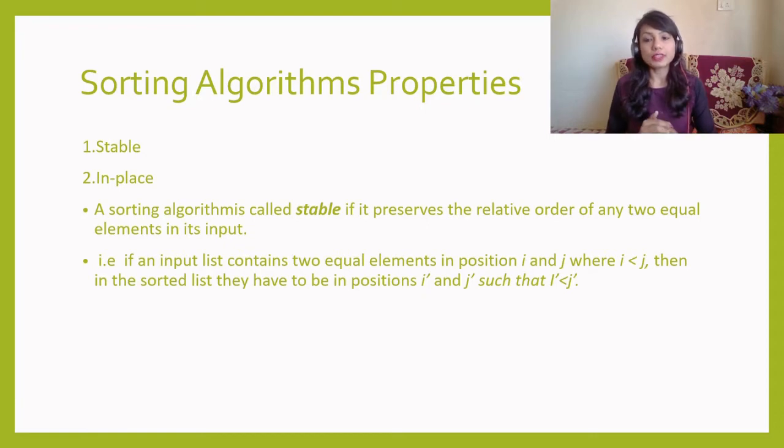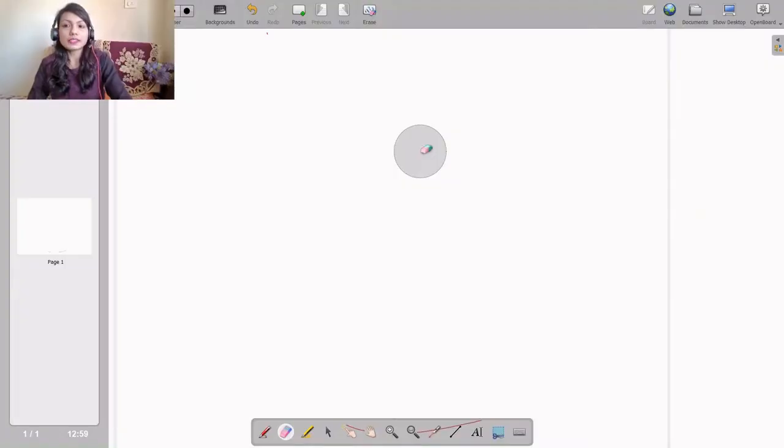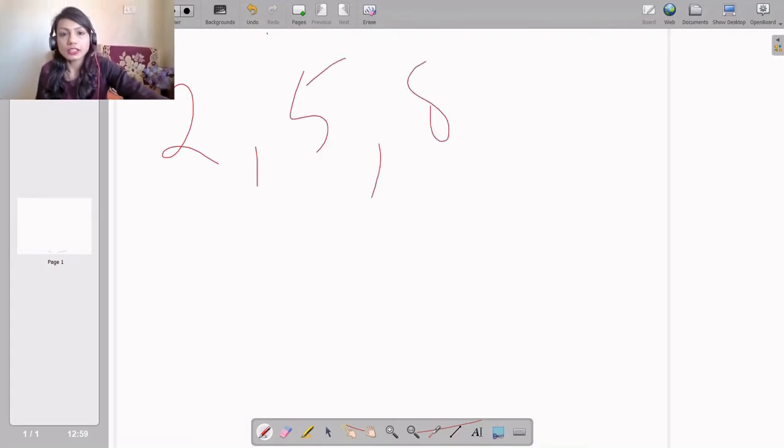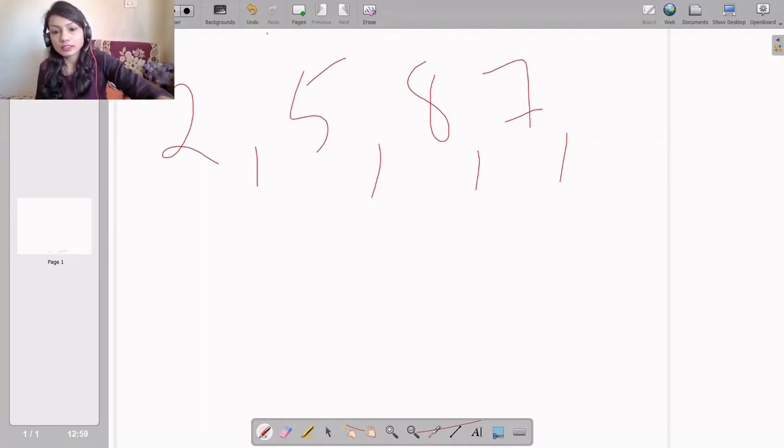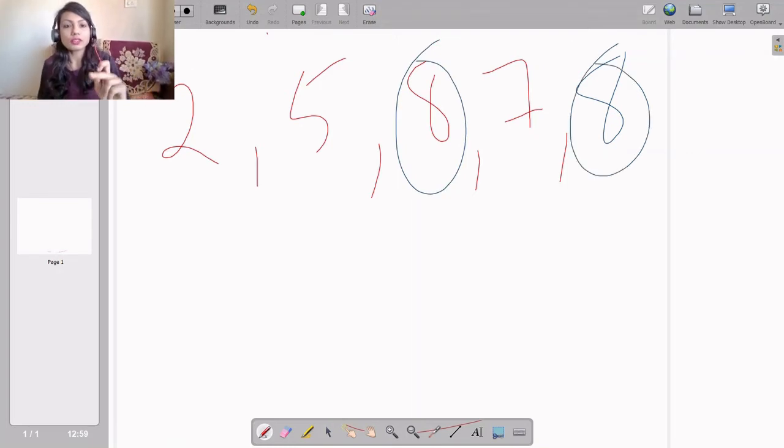So let's see this with an example of a stable algorithm. Assume we have been given values like this: 2, 5, 8, 7, and one more 8. We have to sort this in ascending order.